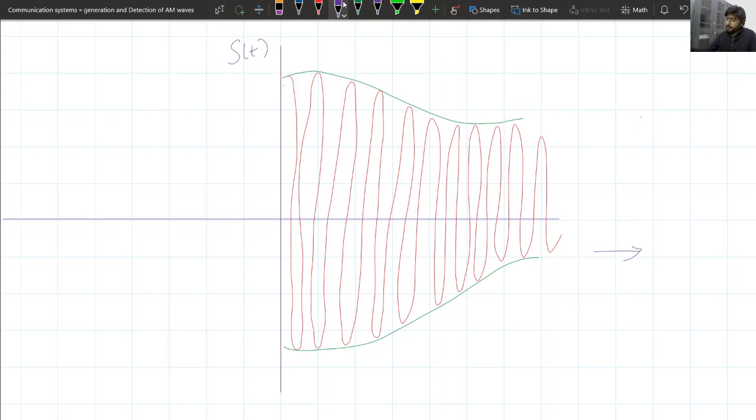Now our job is to recover the message signal, and the message signal is contained on the envelope of s(t). So the green curve is the message signal.